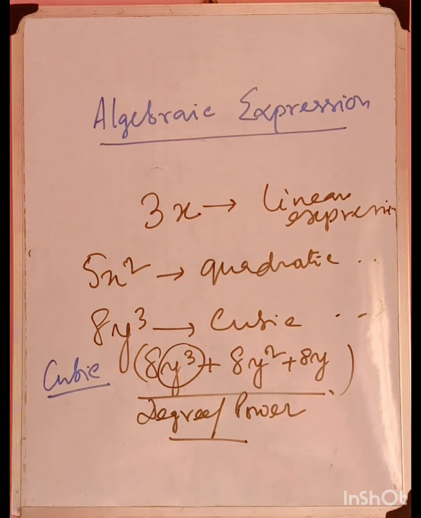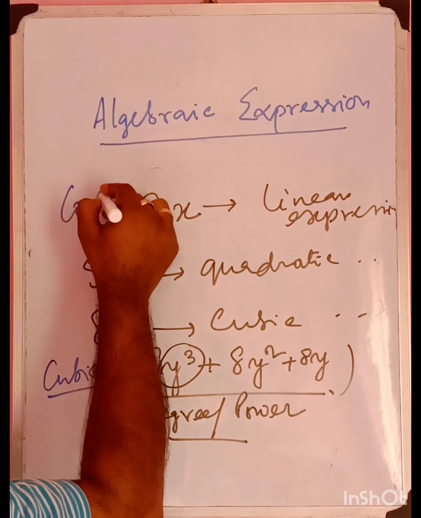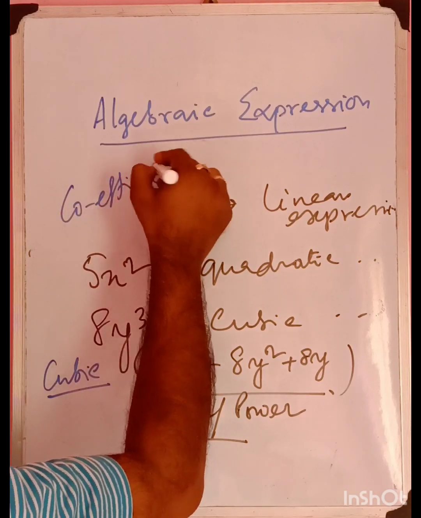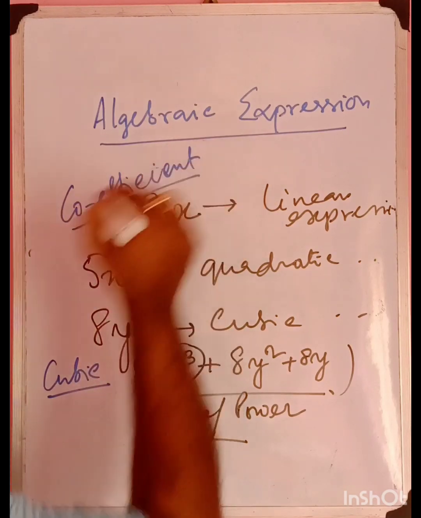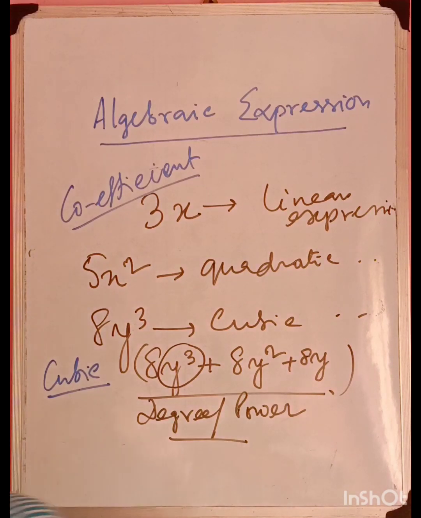Another concept is the concept of coefficient. What is coefficient? Coefficient is the number attached to the variable.